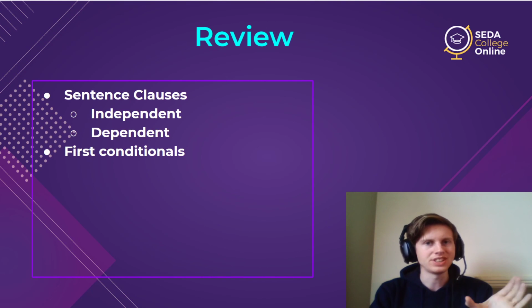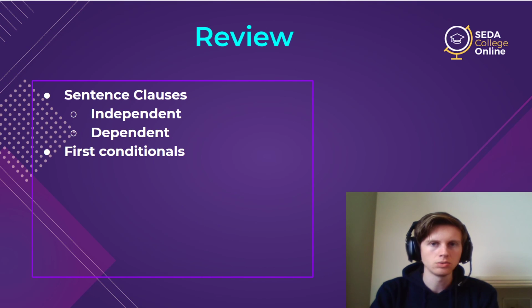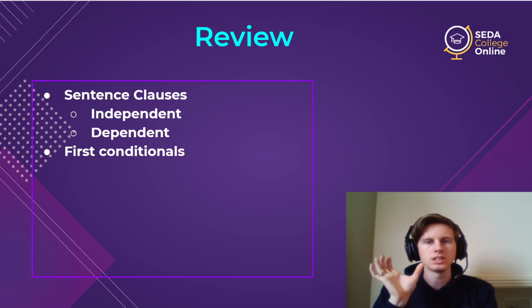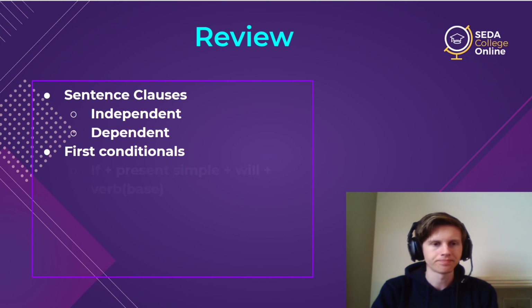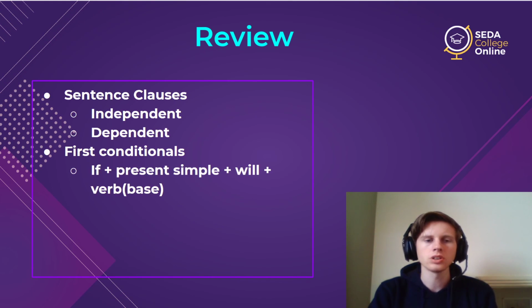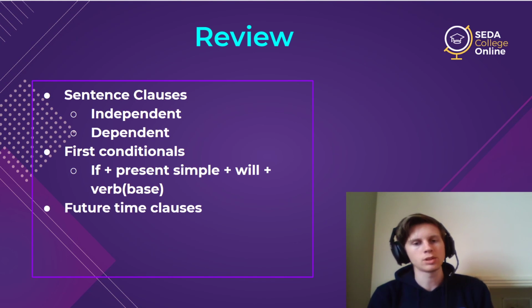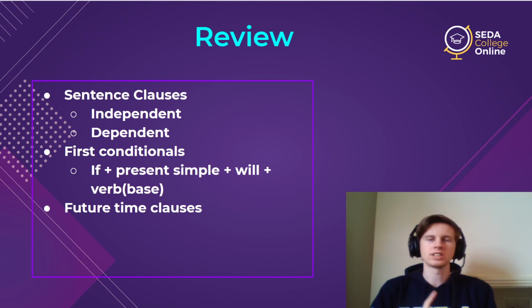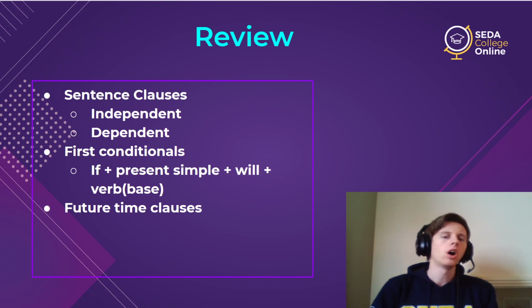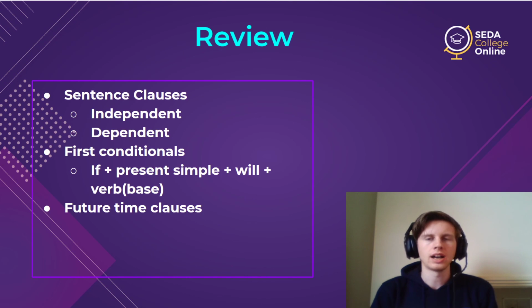And there we have the dependent clause, if I go to work, and then the independent clause, I will make money. And then there's the structure. We use if plus the present simple, and then will and the verb base. And then after that, we talked about future time clauses more generally with words like unless, until, after, before, as soon as. All of those are future time clauses.